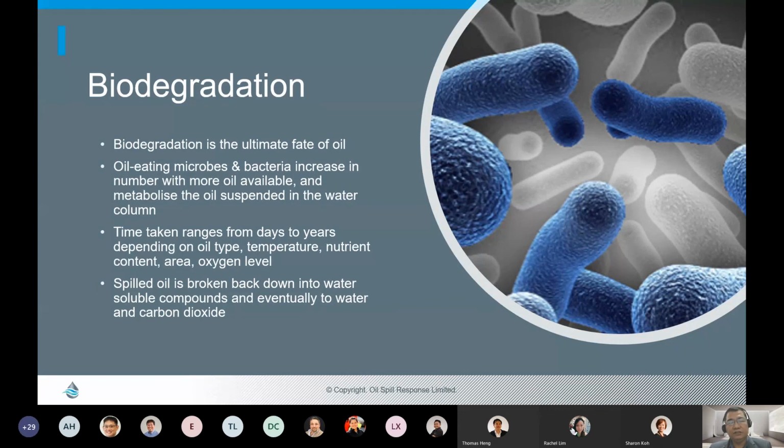Time taken ranges from days to years depending on the oil type, temperature, nutrient content, the area, and the oxygen level of the water. Also, spilled oil is broken down into water-soluble compounds and eventually to water and carbon dioxide.